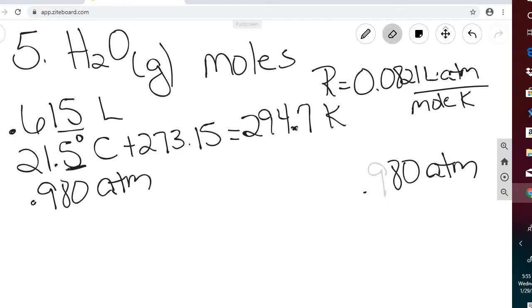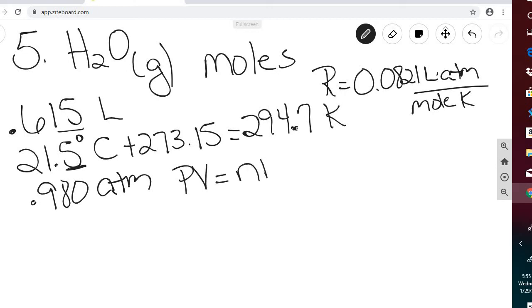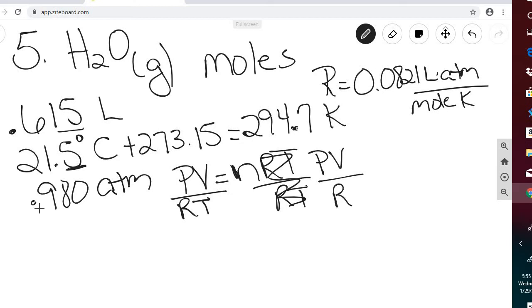Okay, so now we have what we need to use the ideal gas law. So PV equals nRT. Okay, and the question asks us to find the number of moles. So divide both sides by RT. So RT cancels over there. So PV divided by RT equals n.